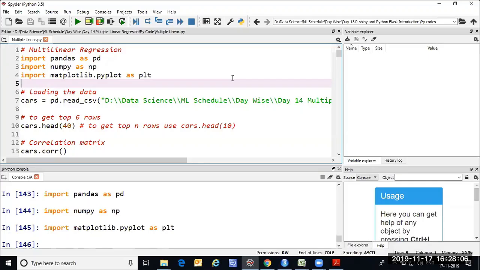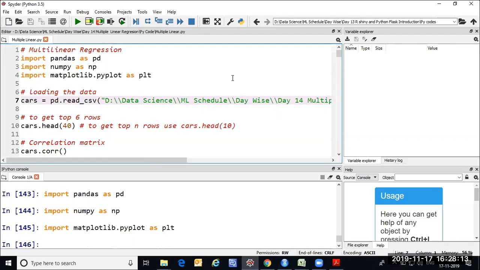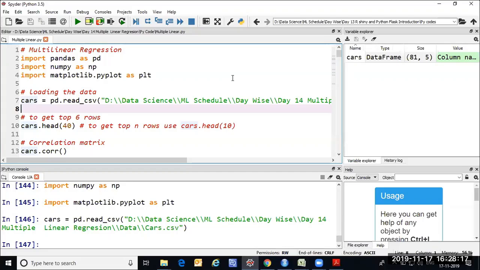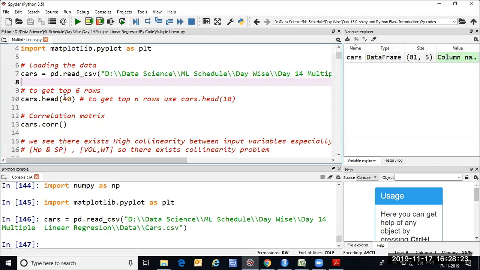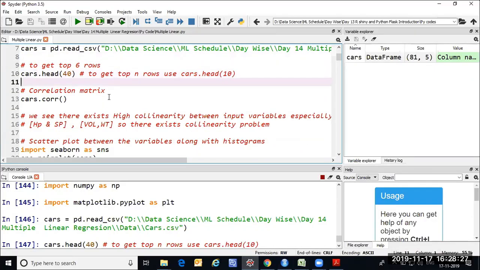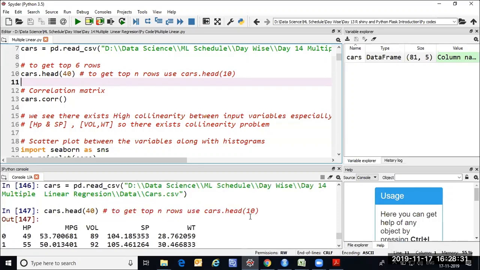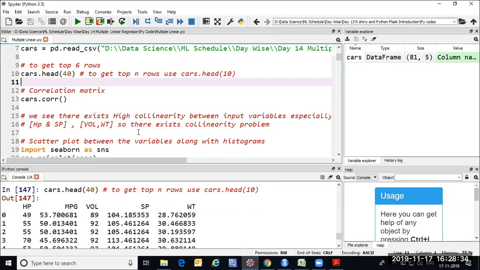I'm loading the same data set, cars.csv. 81 observations and 5 columns. The top rows, if you'd like to see.